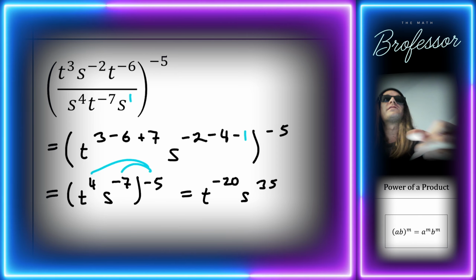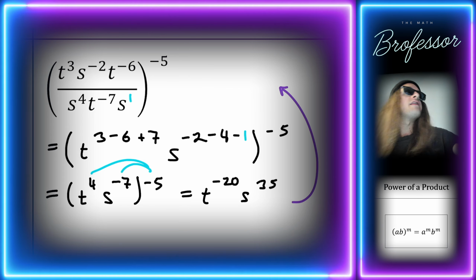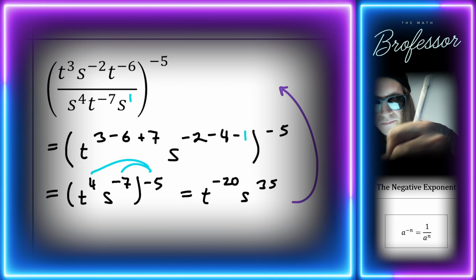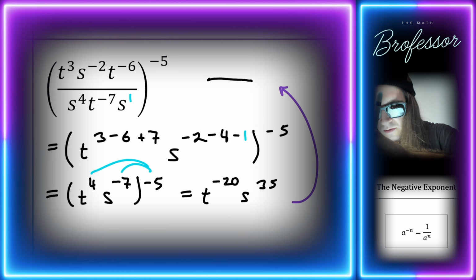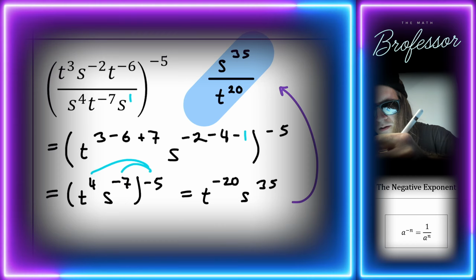Because of that negative exponent, we now need to use this property, which means the s has a positive exponent. It will stay on top. It's the t that goes to the bottom. That's the answer right there.